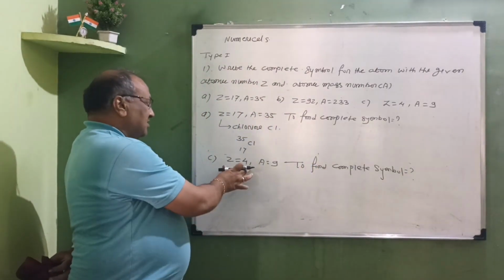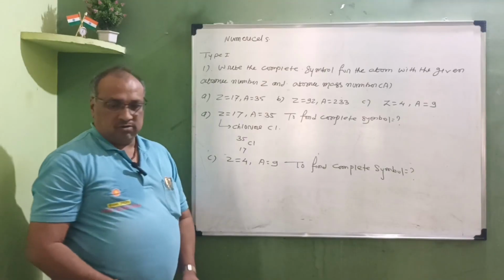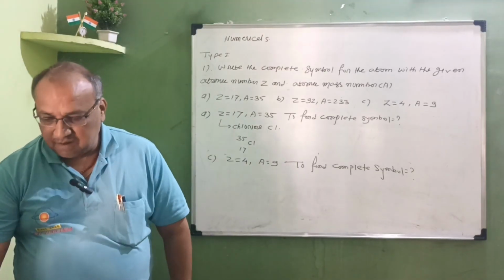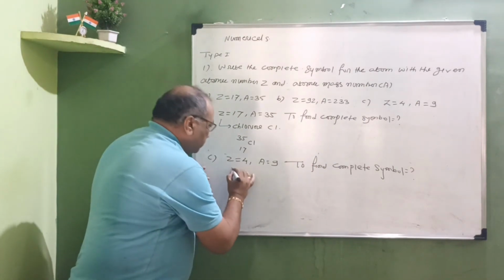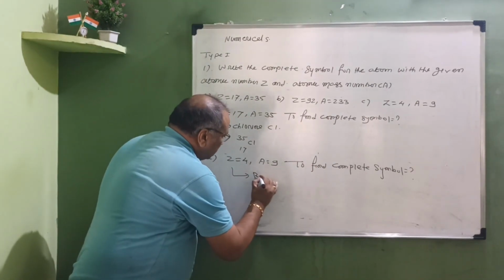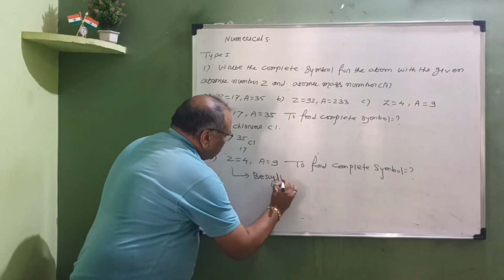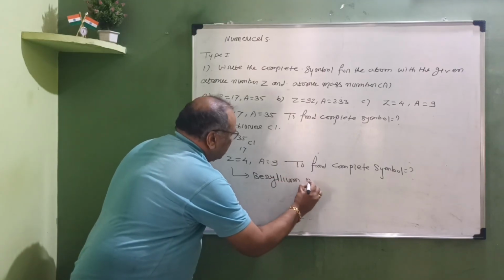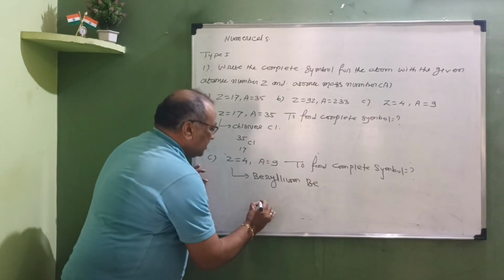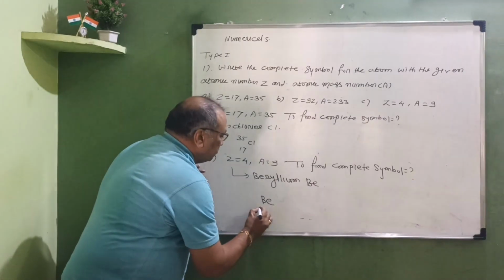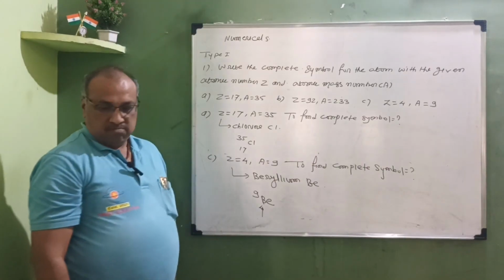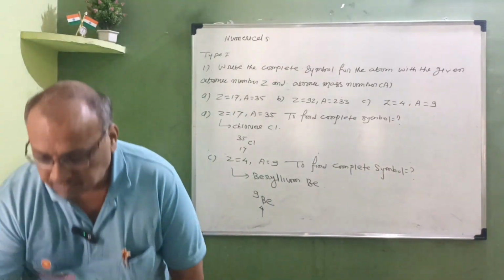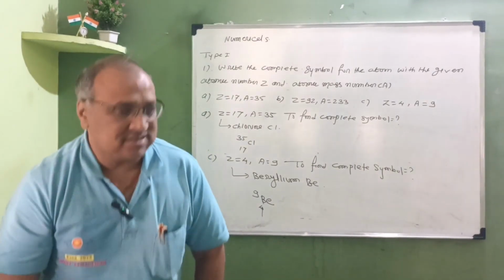Now here Z is equal to 4, and 4 is the atomic number of the element beryllium, whose symbol is Be, and the representation is 4Be9. Now the next problem.